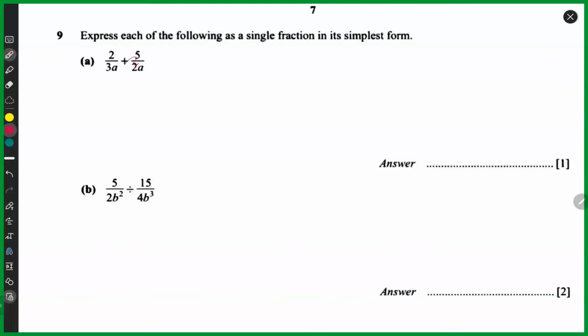We have a plus sign here and we have a divide sign here. First of all, just look at the two fractions. It's 2 divided by 3a plus 5 divided by 2a. Now, you can see that you have two fractions with a plus sign, so certainly you'll have to take the LCM. How do we take the LCM of these variables?